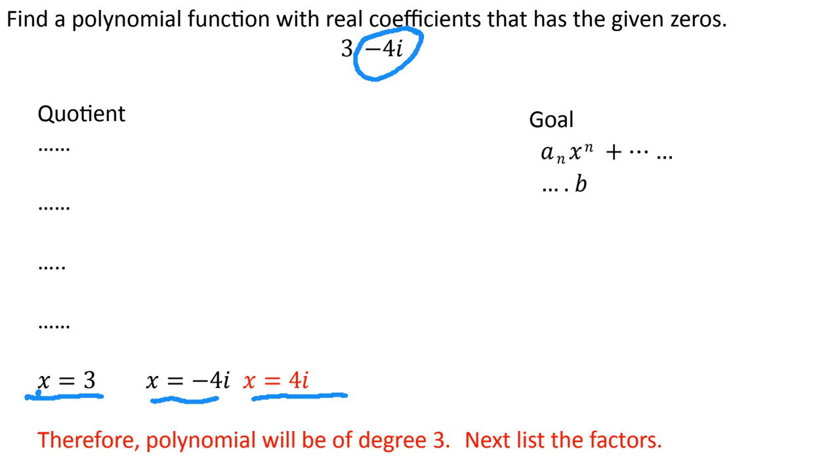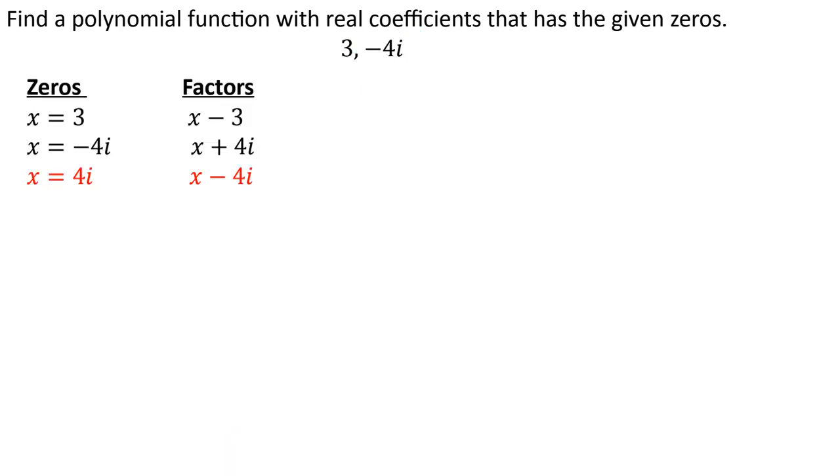Then we're going to list the factors. If these are my zeros, then my factors are x minus 3, x plus 4i, and x minus 4i. To find the polynomial, what we're going to do next is multiply all these 3 factors.